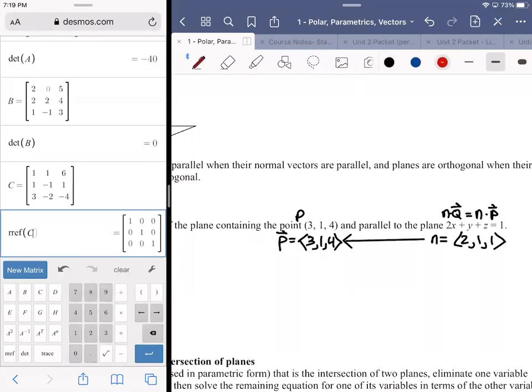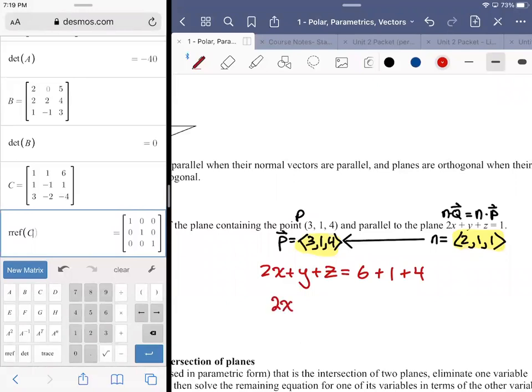So then using that information, I could say again, n dot q, so 2x plus 1y plus 1z is going to be equal to, and then we dot the n and p against one another. So these two get dotted, which adds the products of the corresponding parts together. So 6 plus 1 plus 4 results in 11 on the right-hand side.